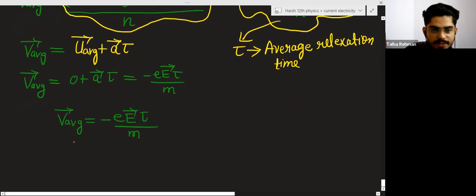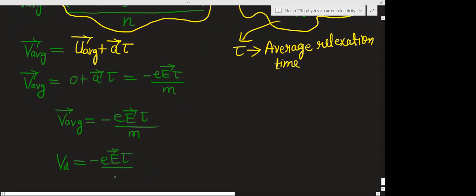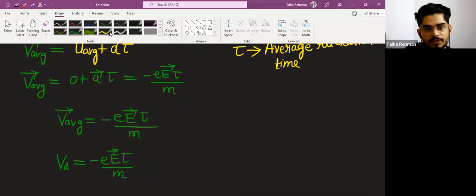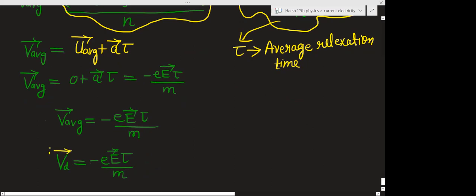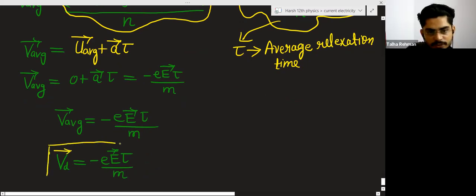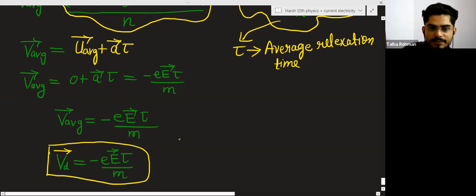And this V average is the drift velocity, represented by Vd: minus E tau divided by m, where E is the electric field. This is the expression for drift velocity in vector form.